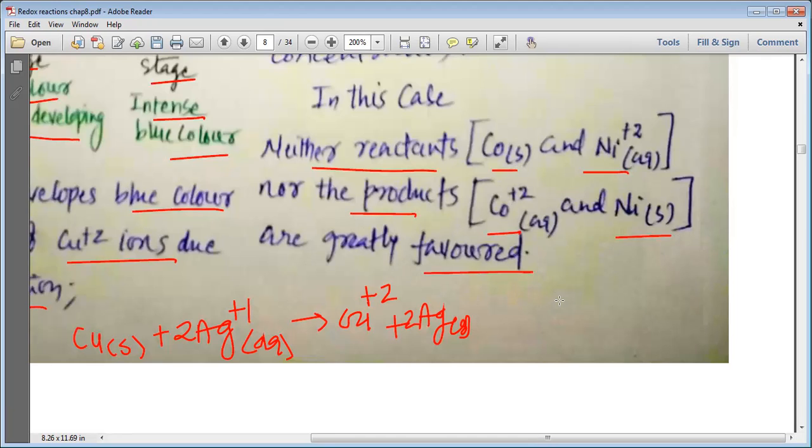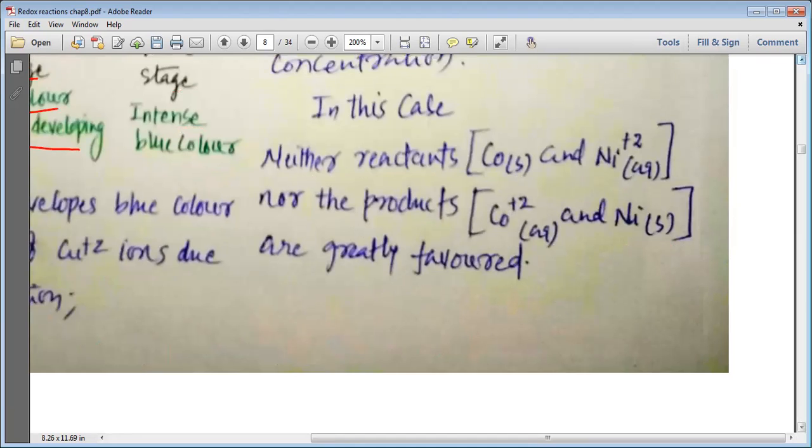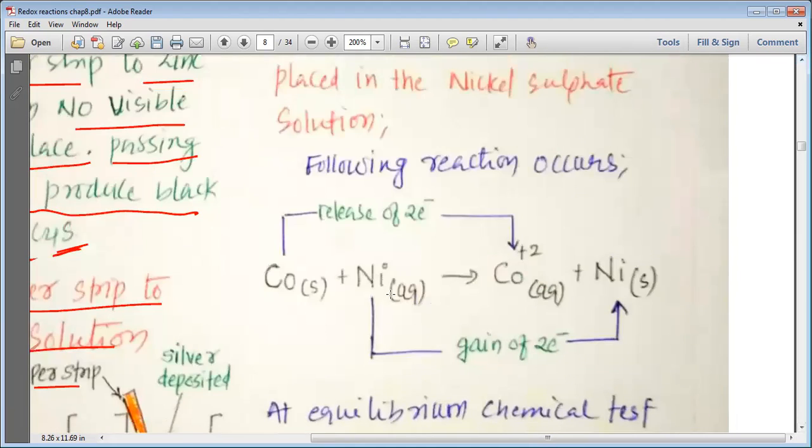So when we put the cobalt strip into the aqueous solution of nickel plus 2 ions, we can observe that when equilibrium is established between the forward and reverse reactions, all 4 species are present almost equally.